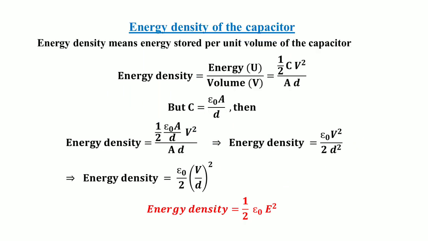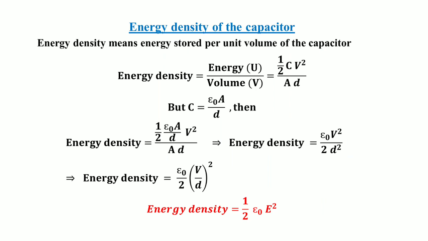Then we are discussing, though it's not that important, a subsection of this first session: energy density of the capacitor. As we know, energy density means energy per volume, because you already learned the term density. Energy we already derived as half CV square.